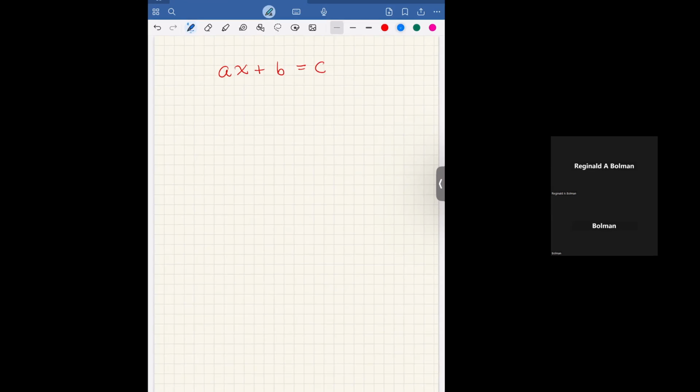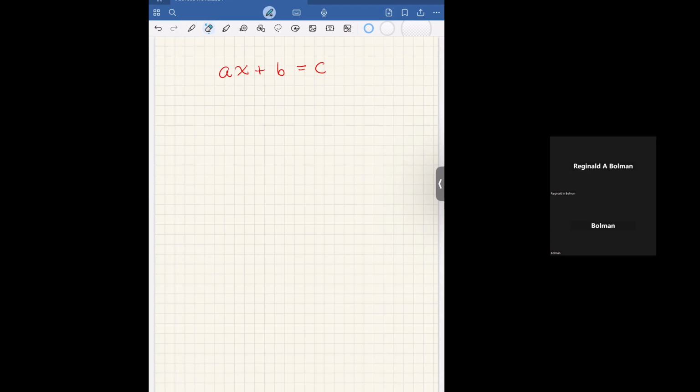Now note in this equation, I have a plus symbol, but b could be negative. B could be any real number. B could even be a fraction, okay? Because fractions are real numbers. Negative numbers are real numbers. So a, b, and c could be any real numbers that we're working with, and this particular process is going to work for us. It's going to allow us to solve the equation.